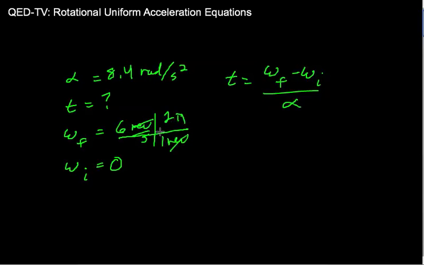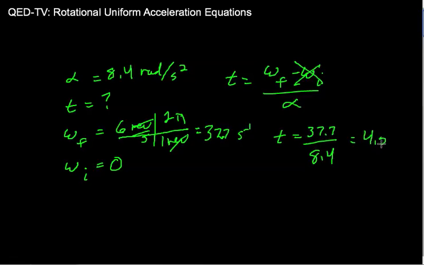And I can multiply those together, and I'm going to get an angular velocity of 37.7 radians per second. And so I can put that in for my angular velocity. My initial velocity is going to be 0, so that's gone. And so my time would be 37.7 divided by my angular acceleration, which is 8.4. And if you do that, you'll get a time of about 4.5 seconds.